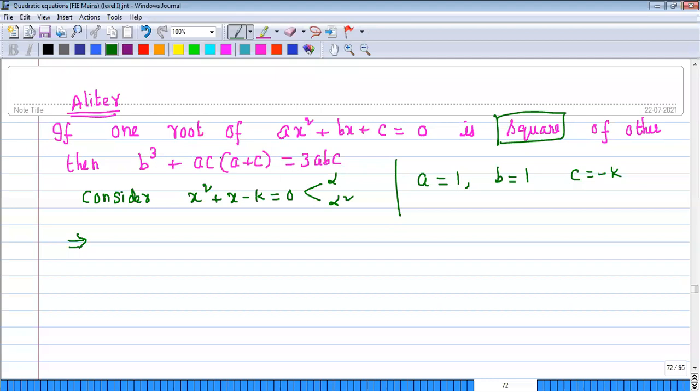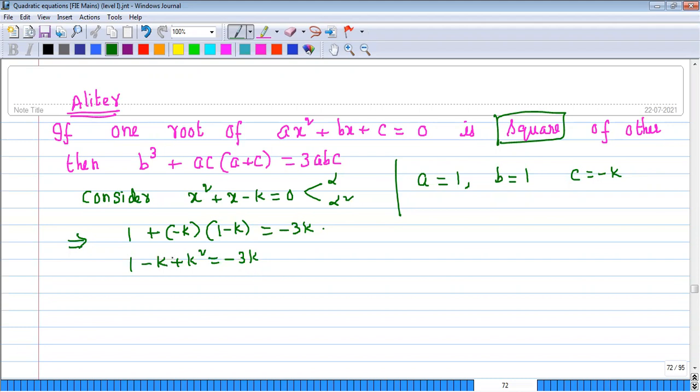So b cube is equal to here 1 plus ac. AC means minus k. A plus c. A plus c is 1 minus k equal to 3abc. 3abc means minus 3k. So 1 minus k plus k square equal to minus 3k.